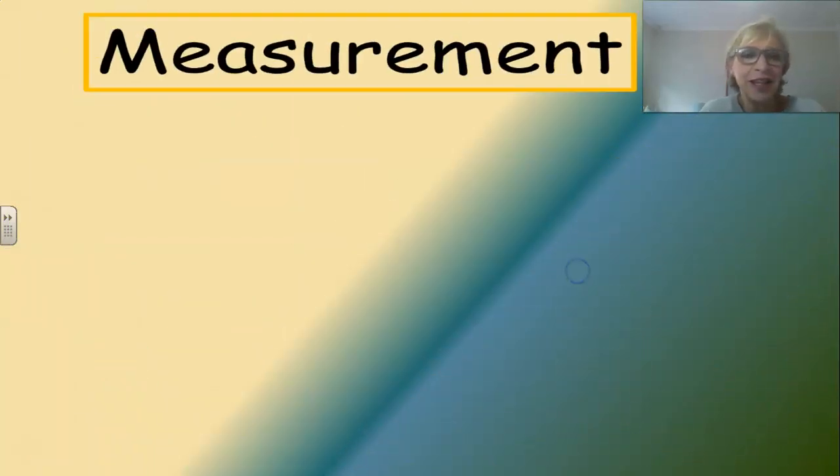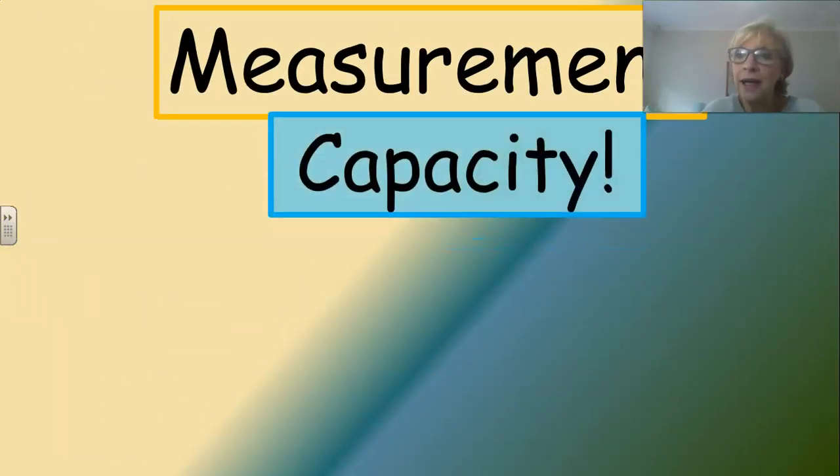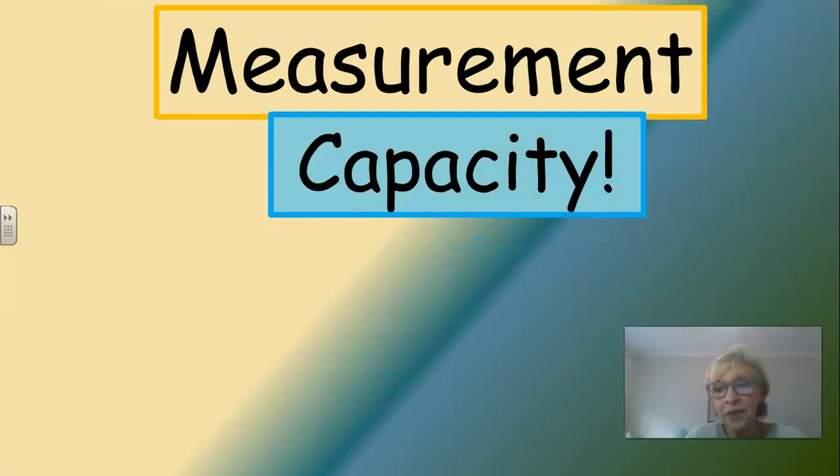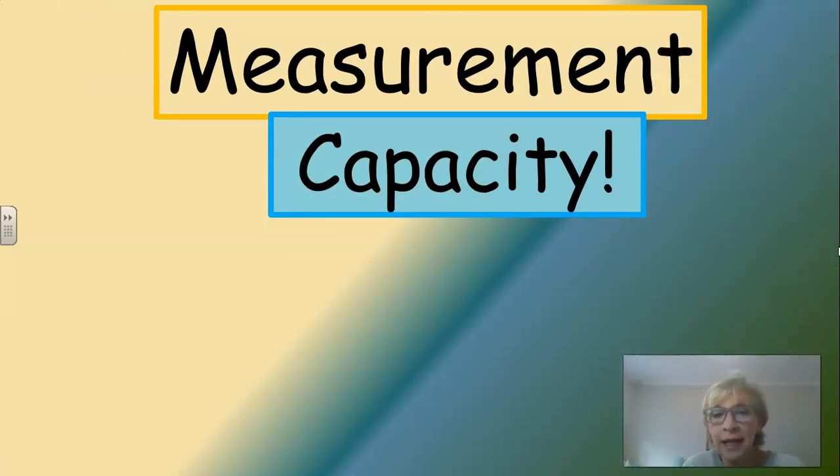Well, after that little smile, we are now going to look at measurement. And remember, we've done length, or the introduction to length. Now we're going to do an introduction to capacity. Whenever I start a concept, I always make sure that I try to leave nothing out if possible.